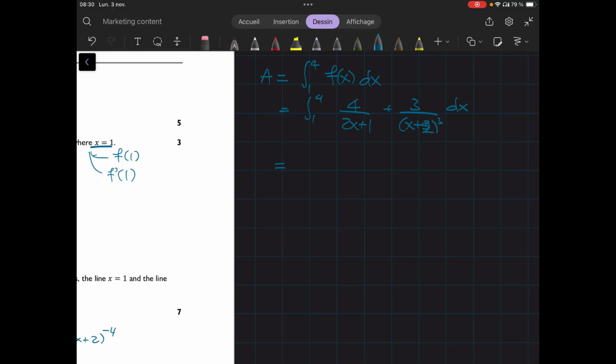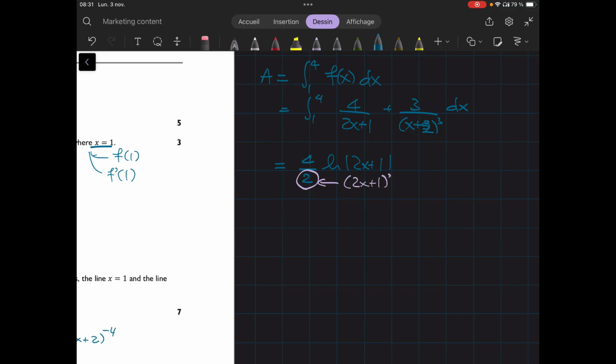So let's integrate this. The integral of 1 over x is ln of x. So when you integrate this, you will get 4 divided by 2 ln of (2x plus 1). Where does the 2 come from? It is the derivative of 2x plus 1. The reverse chain rule, so to speak.